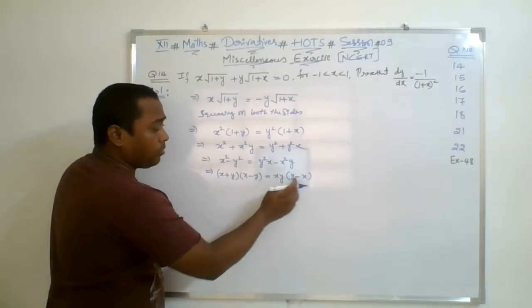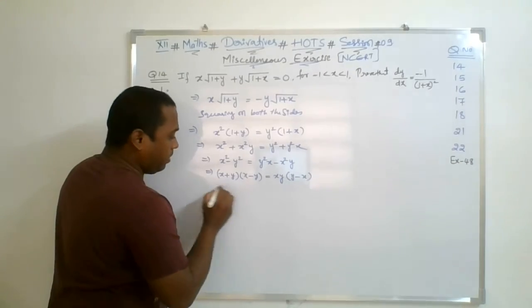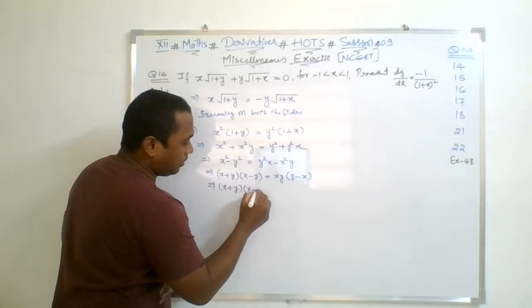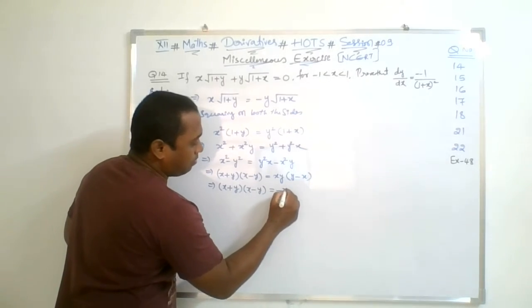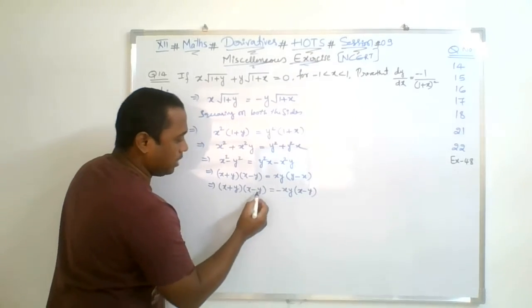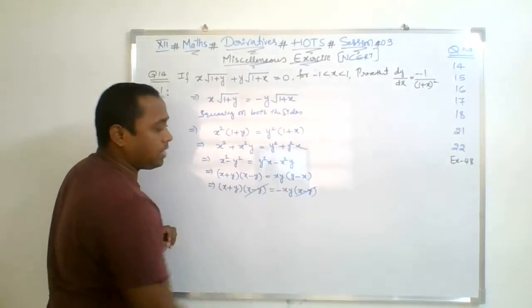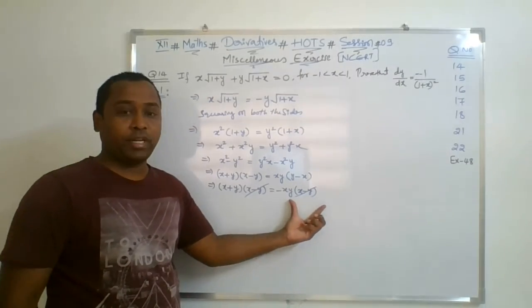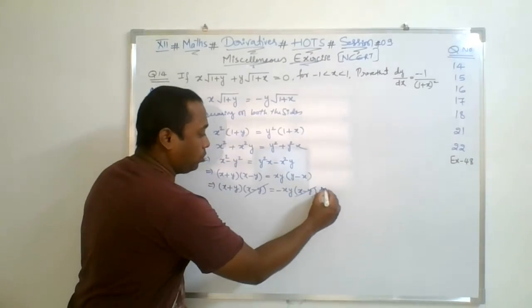Now I can take minus common here to cancel the terms on either side. So I am taking minus common from this factor, it becomes x minus y. Then these two factors get cancelled.